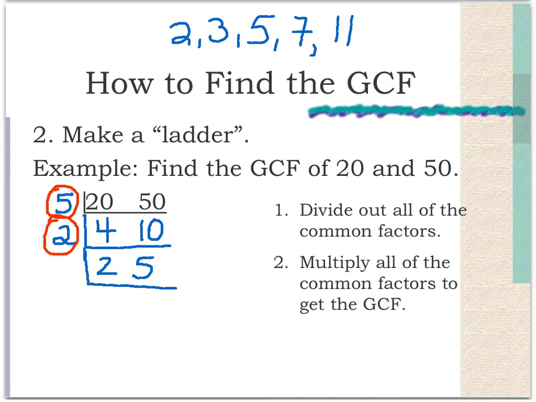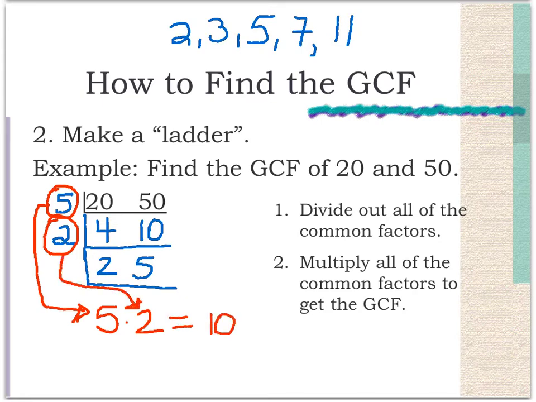And so if there are more than one number, then I'm going to multiply those factors together. So I'm going to take 5 times 2, the numbers that are outside of the ladder, and I'm going to multiply them together. So 5 times 2 is 10. So therefore, now I have found the GCF. The GCF of 20 and 50 is 10.